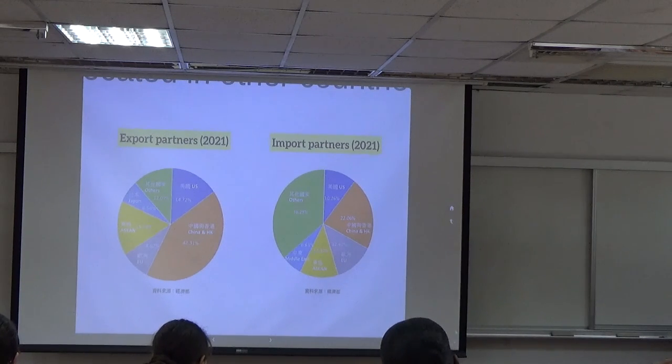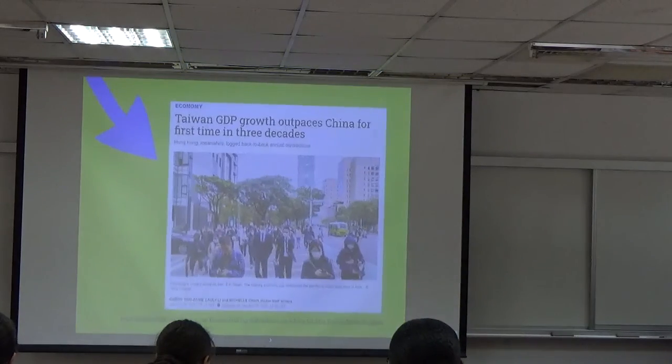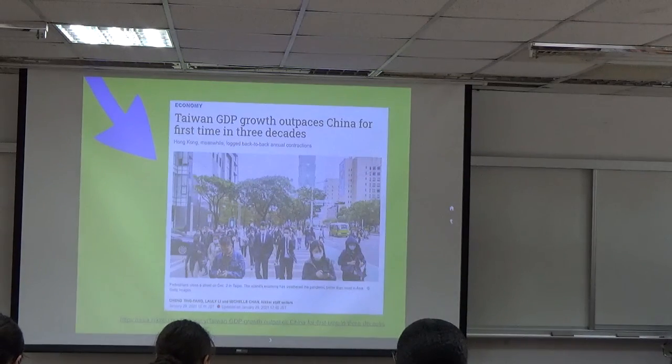They contributed to a very good GDP growth rate, roughly 2.98% last year, making Taiwan the leading economy among the four Asian tigers in the Asia Pacific region. We even surpassed China for the very first time in the past 3 decades. So we actually benefit from the US-China trade war in terms of direct sourcing from these two countries to Taiwan.